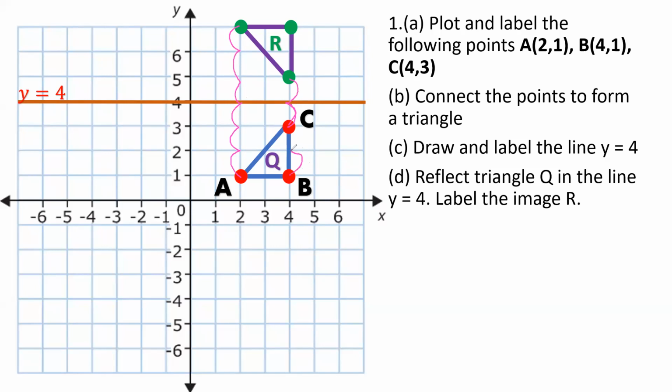It's gonna be 1, 2, and then 3. So we're gonna move it another 3 times again. 1, 2, and 3. And that's how we get this point. Okay. Then we just connect the dots to form our triangle. Okay. Yes, I understand now. Okay, good.